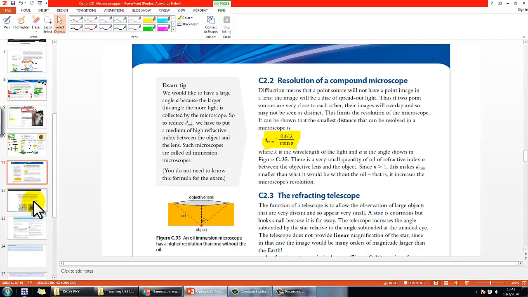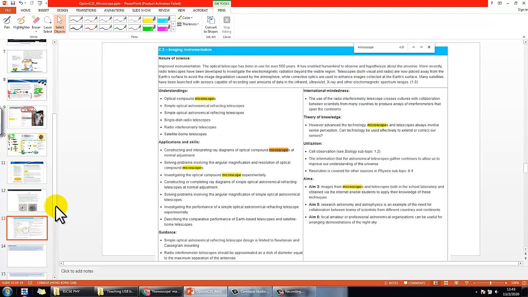Okay, so even though the textbook says you do not need to know this formula for the exam, I double checked with the official syllabus about the microscope. Of course, like we did, you construct the diagram, interpret the diagram at normal adjustment, and solve problems with angular magnification.